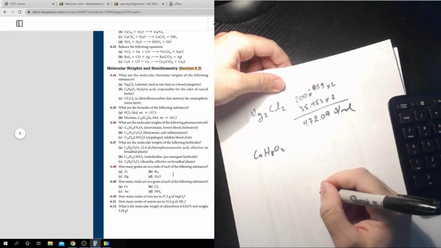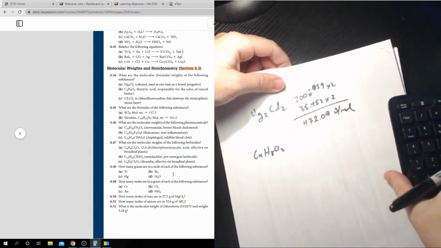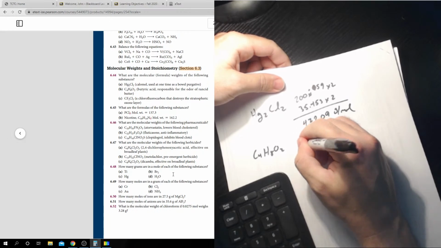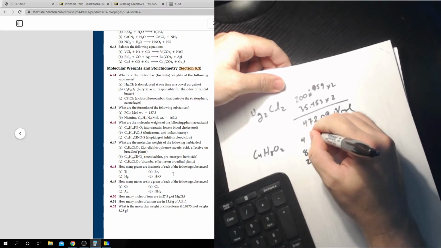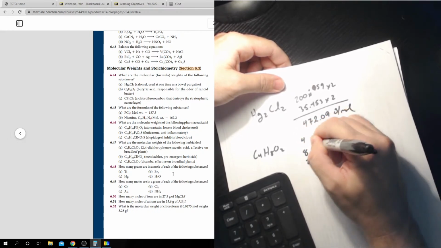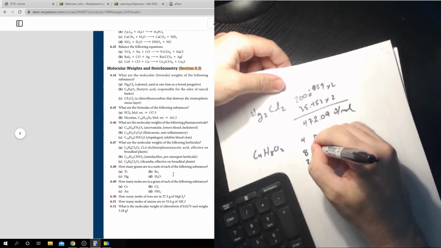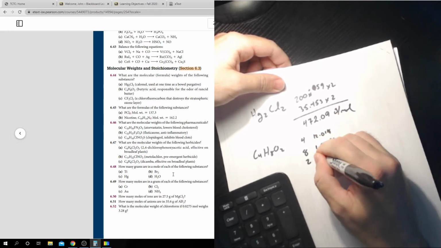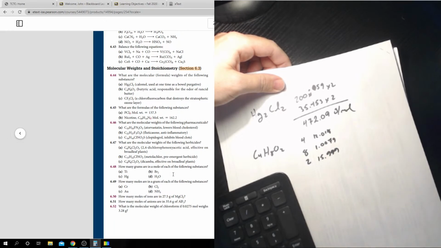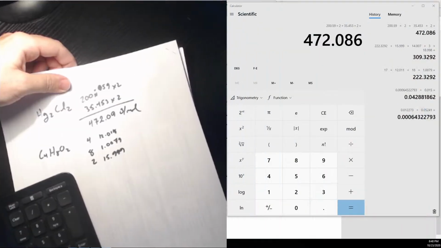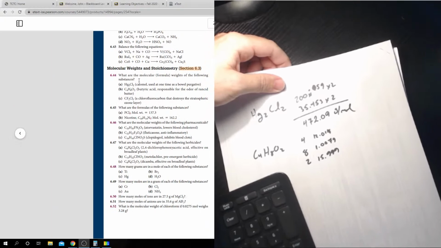Next up, C4H8O2, butyric acid. 4, 8, and 2. 12.011, 1.0079, 15.999. Oh, you can't see my calculator. Actually, screw it.